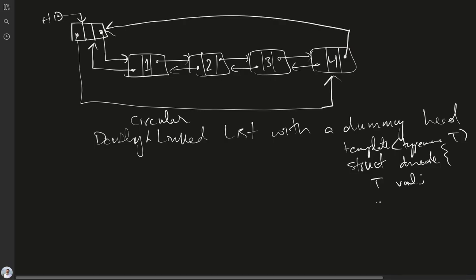So we would have 2 pointers. So let's say the structure is DNode, we would have a next pointer and we would have a previous pointer. Right? So pointers to the next node and the previous node. So if this is the structure, we can implement the class.